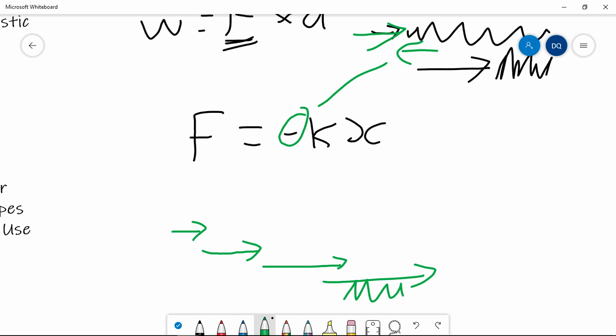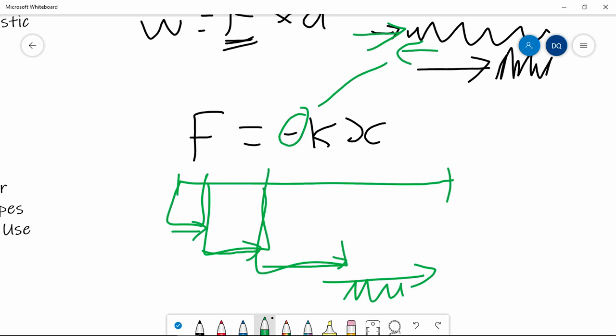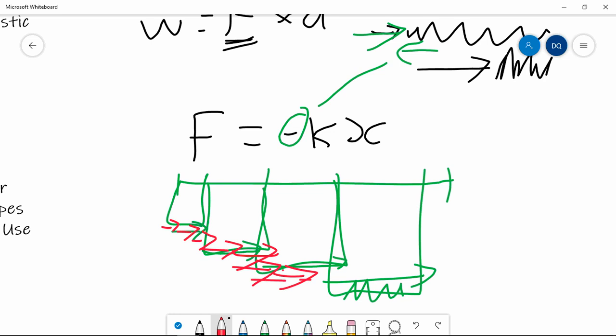So instead of multiplying a single force by this distance, you have to multiply several different forces over the smaller distances that add up to give you that distance. So it's like this one, plus this one, plus this one, plus this one. But that's only an approximation because we would actually have an infinite number of these taking infinitely small steps. But then the closer we get to fully compressing the spring, the greater the force is.